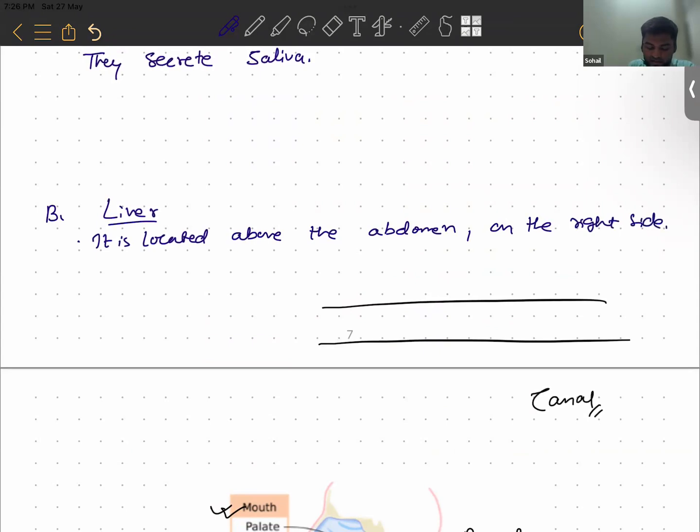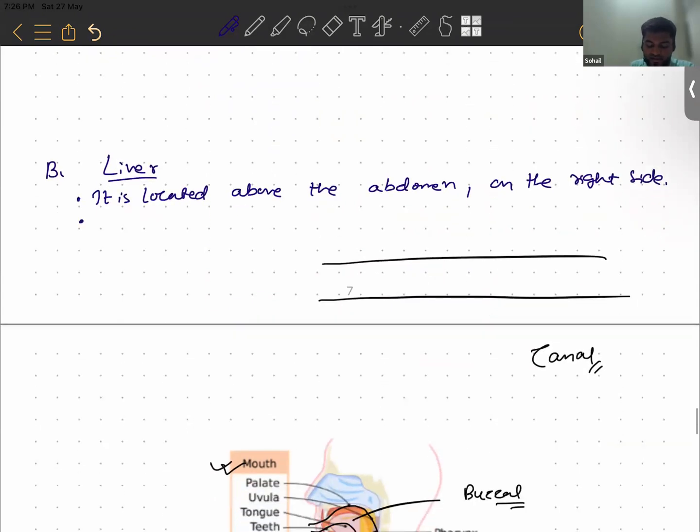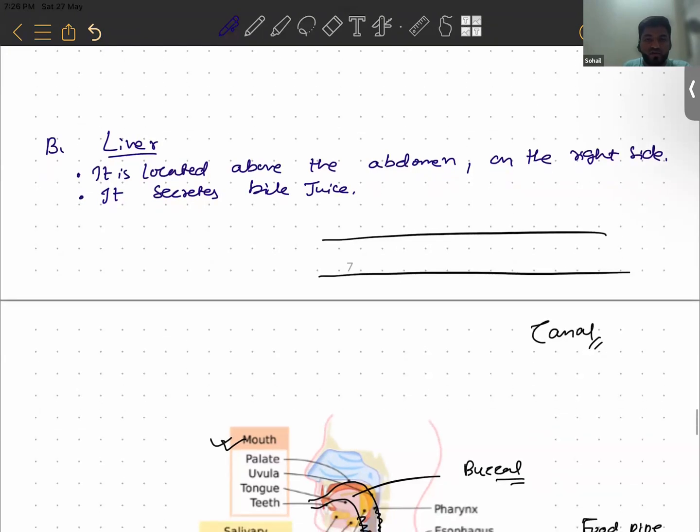Another fact about the liver is that it secretes bile juice. If someone asks what digestive juice the liver secretes, there is only one, the bile juice.